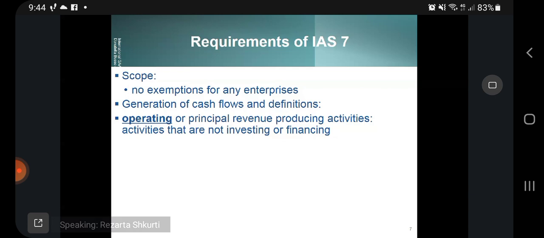Now remember, insurance companies, if you can offer an answer here, we just covered insurance companies yesterday together. What would you think the operating activities are for insurance companies? Remember, operating activities are the primary source of generating revenue. What is generating revenue for insurance companies?